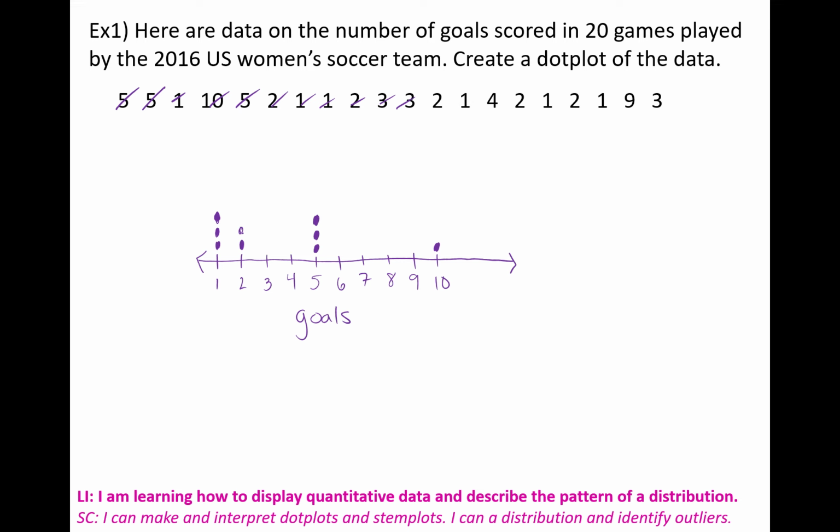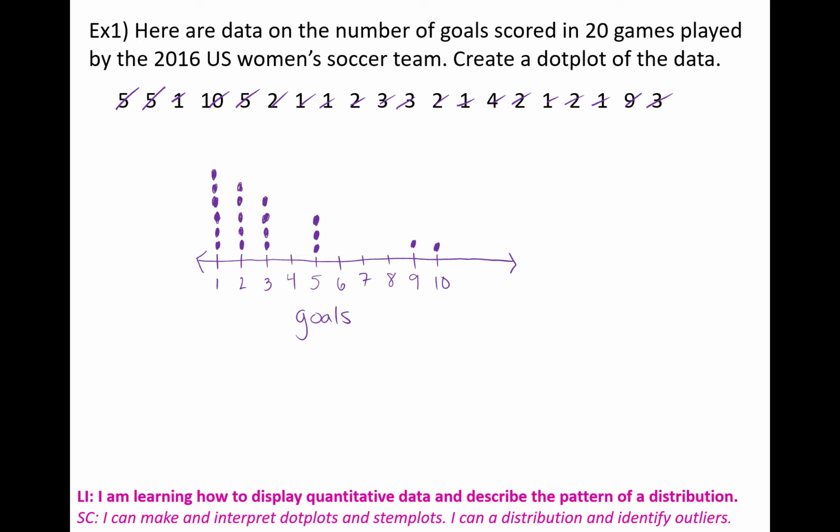So I have 2, 3, 3, another 2 and a 1, 2 and a 1, and then 4 and 2, 1, 2, 1, 1, 2, 1, cool, 9, and 3. All right, so we have created our first dot plot, and that's pretty much it.